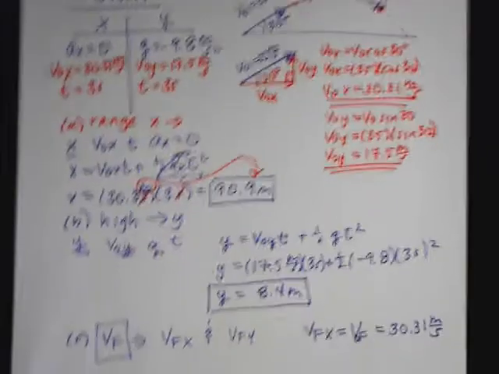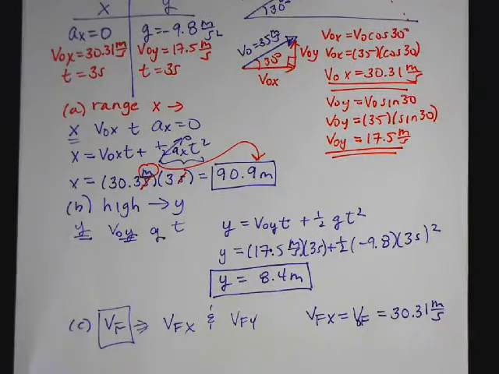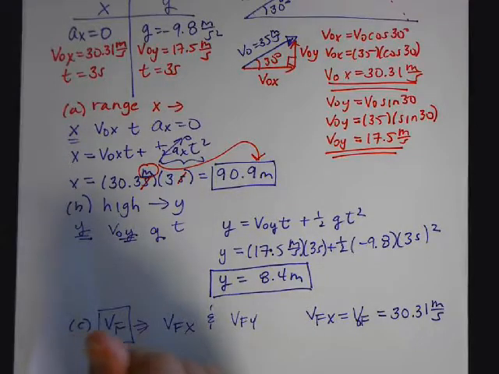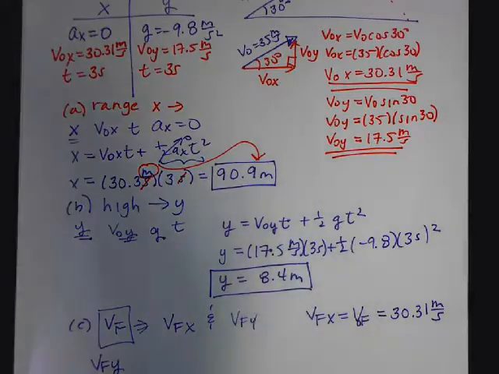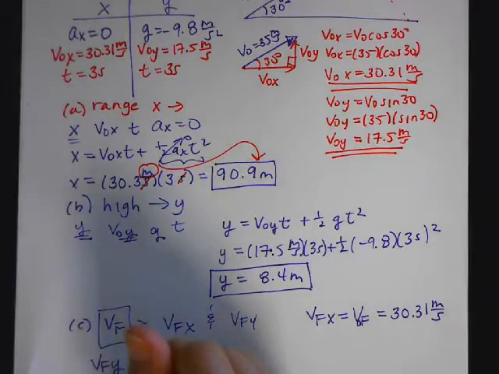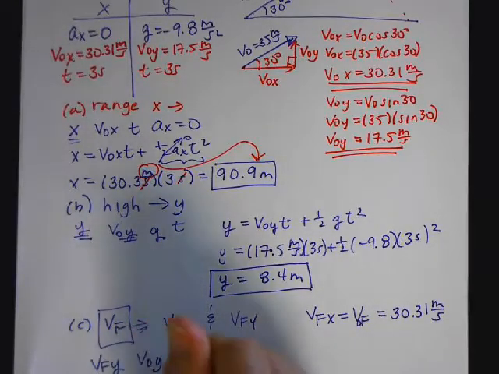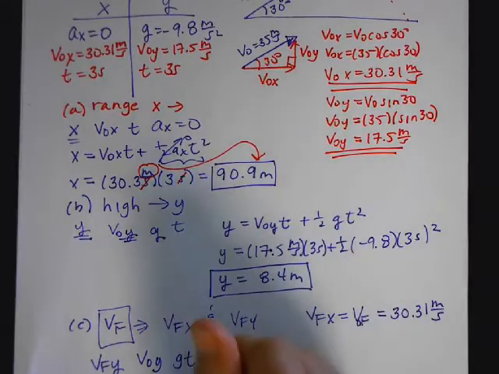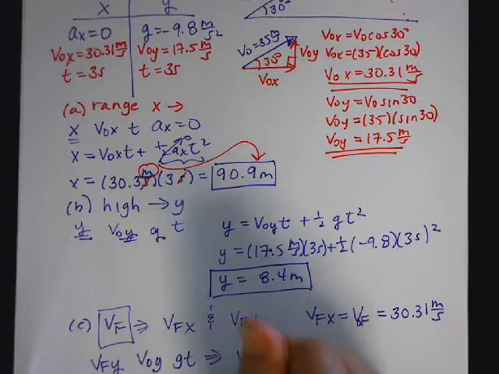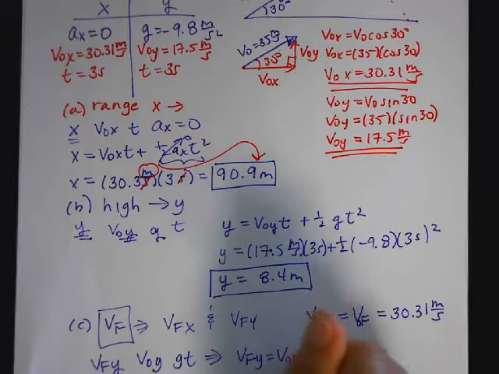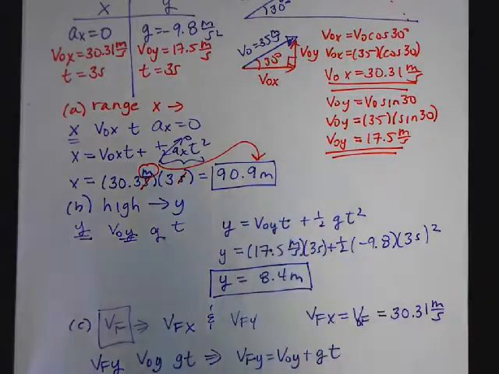Let me move this up. So now I have to find VFY. So what do I know? I know V naught Y, I know g, and I know t. So I'll use the equation VFY is equal to V naught Y plus gt.